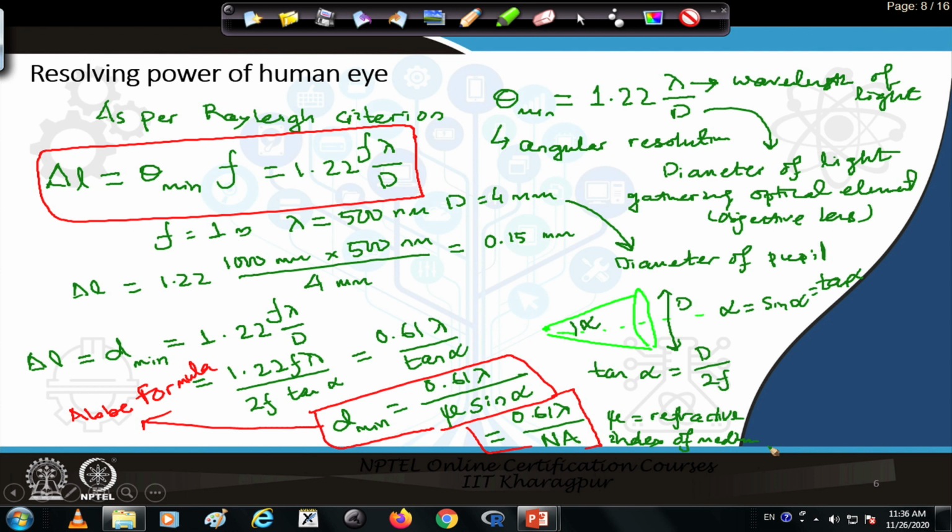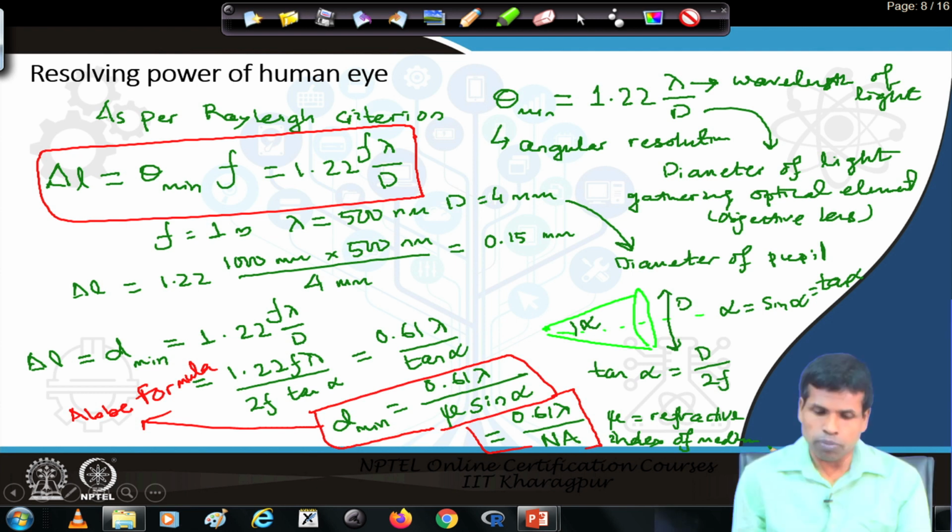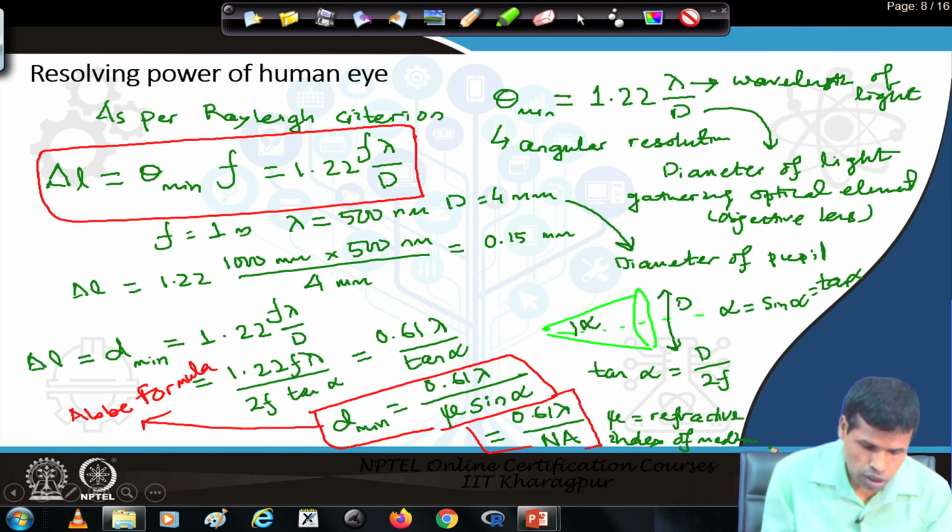This numerical aperture value can go as high as 1.4 to 1.7, and with that value we can achieve a resolution of around 150 nanometer.